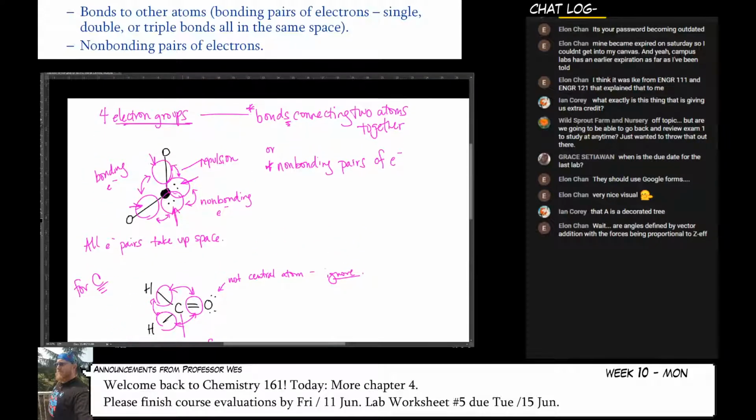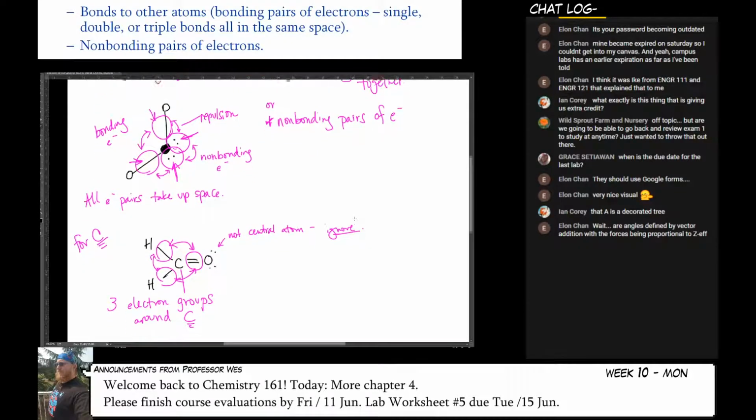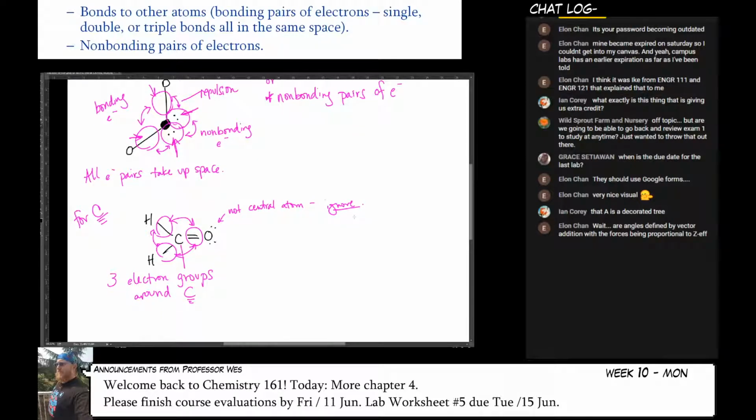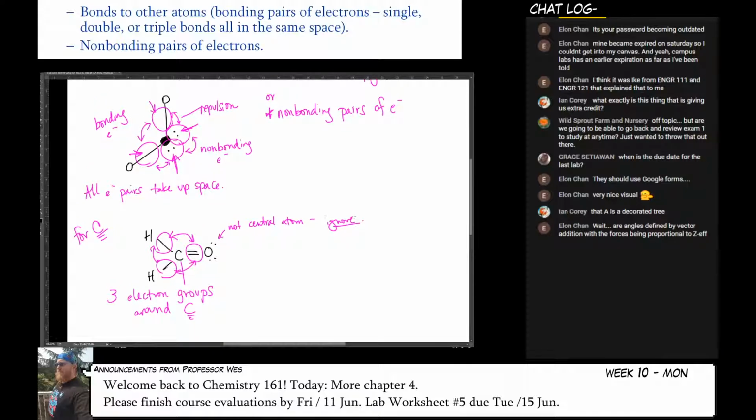So again, to refresh, electron groups are either bonds, single, double, or triple, connecting two atoms together, or a non-bonding pair of electrons. And we will be considering these on the central atom for each of our molecules. So in the top example, I got 4 electron groups.